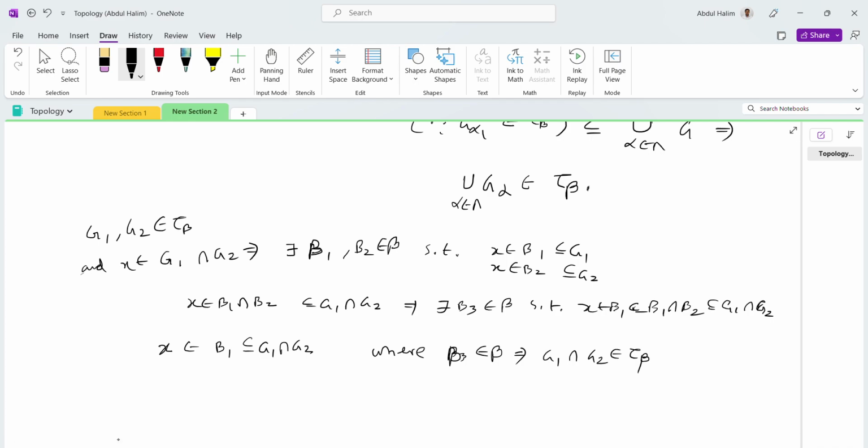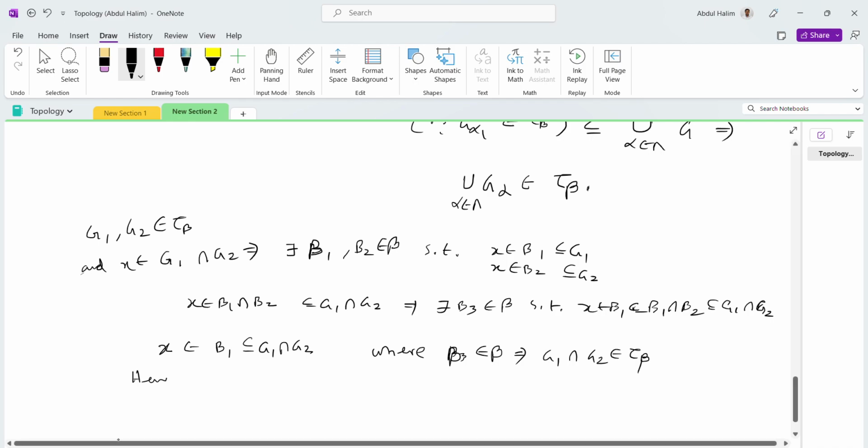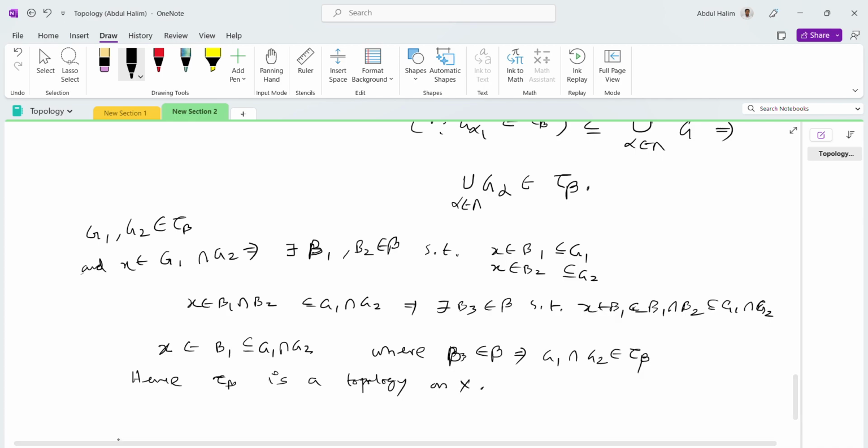So x belongs to B3 subset of G1 intersection G2, where B3 also belongs to beta.